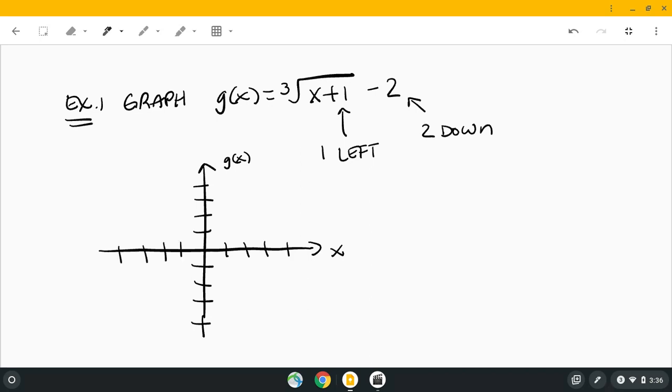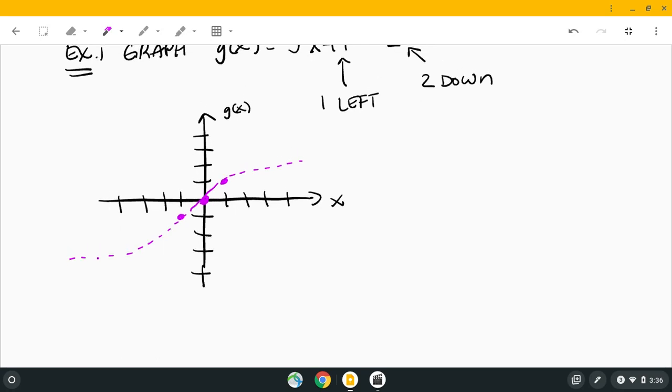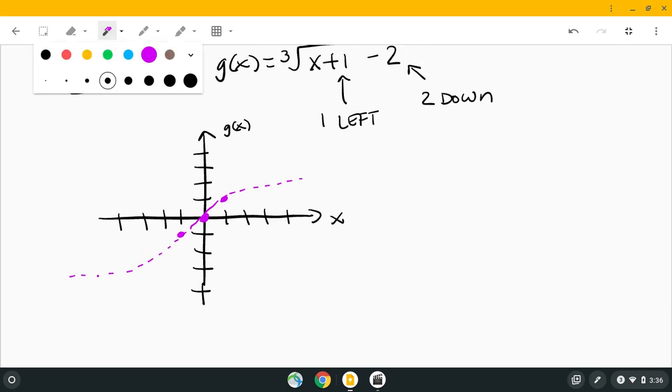Okay, so let's go ahead and place our parent function points. We had a point here at (0, 0), (1, 1), and (-1, -1). Okay, so this is the original function, the parent function. And now I'm going to shift it 1 to the left and 2 down, and I'll do it in black.